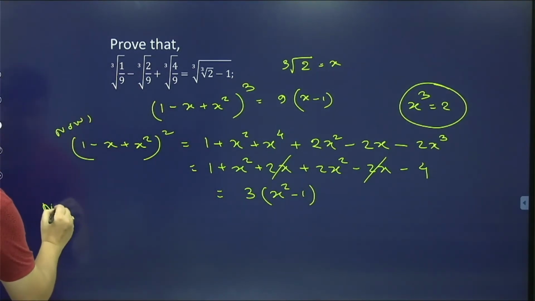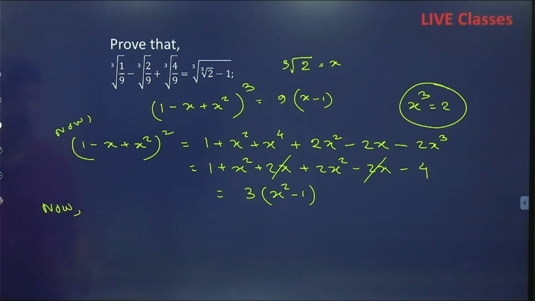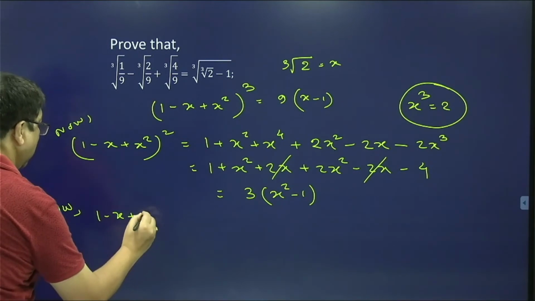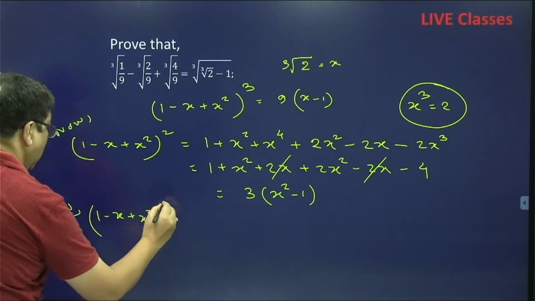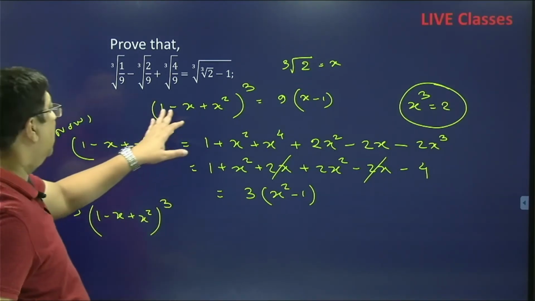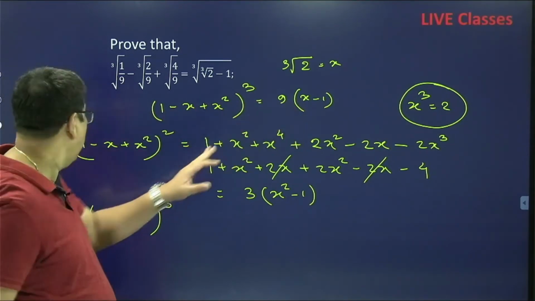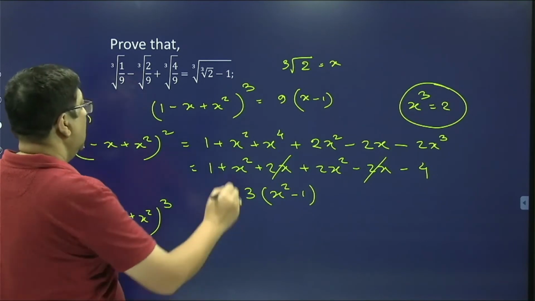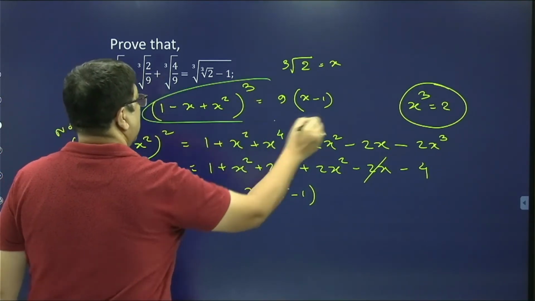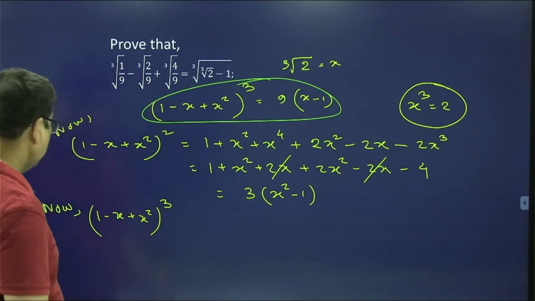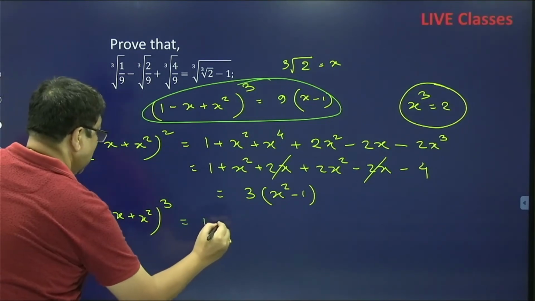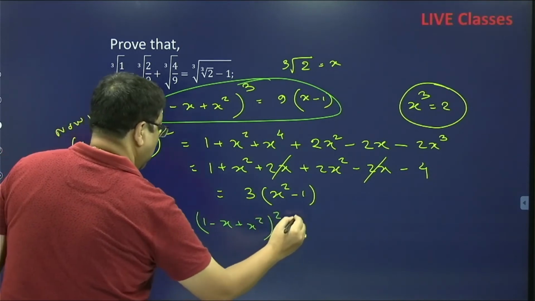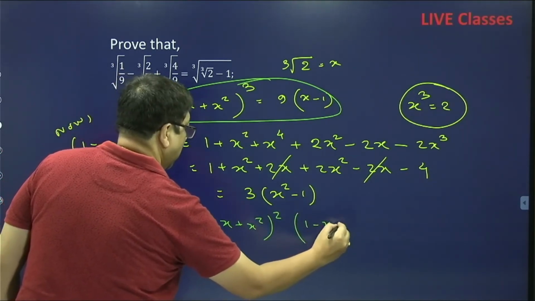Now, (1 minus x plus x square) whole cube can be written as, our target is this. This should be our target. So, just see one thing. I am writing here, this is (1 minus x plus x square) whole square into (1 minus x plus x square).